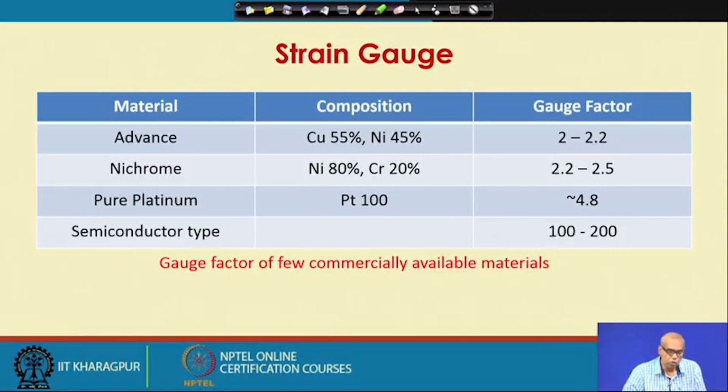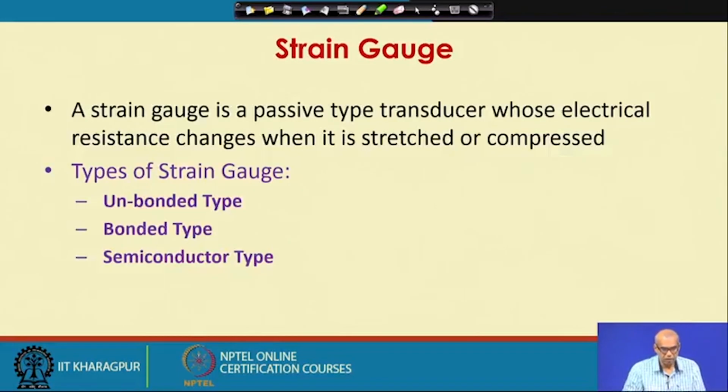Strain gauges are also made of semiconductor materials. Semiconductor materials have very high gauge factor, something like 100 to 200. A strain gauge is a passive type transducer whose electrical resistance changes when it is stretched or compressed.